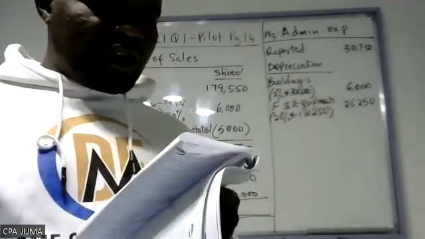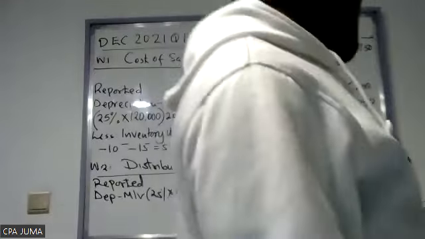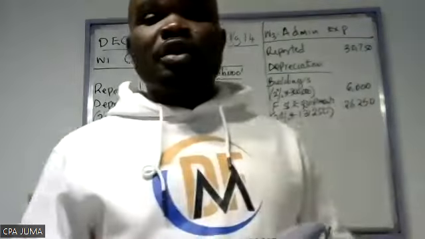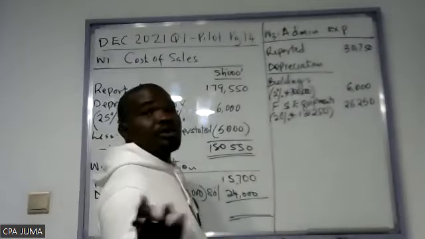The expected credit loss is classified as an administrative expense. Okay. So the expected credit loss becomes a provision for doubtful debts.